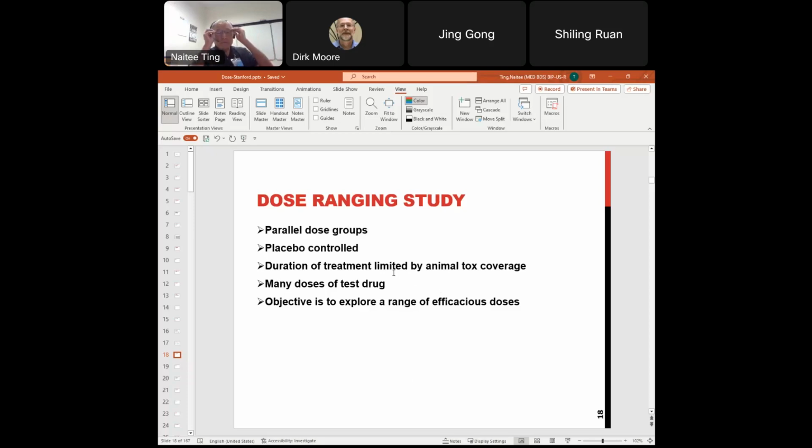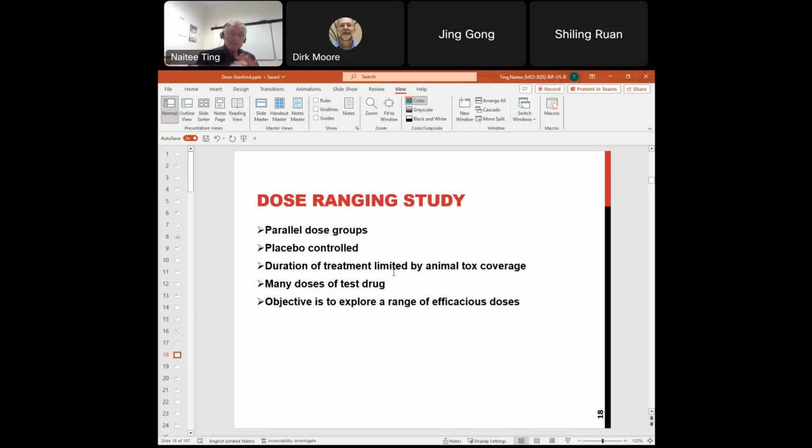Well, I had to deal with this in many of the phase 2 trials. Sometimes by the time we design the phase 2, the tox coverage is only 2 weeks. All right. So they did probably one or two different species, but followed only 2 weeks. And then, sorry, your clinical trial has to be limited to 2 weeks. But if they have 4-week tox coverage, we can do a 4-week trial.